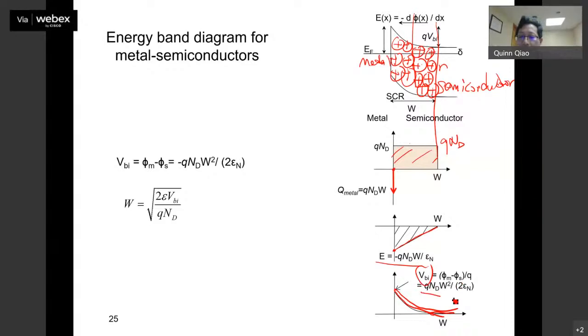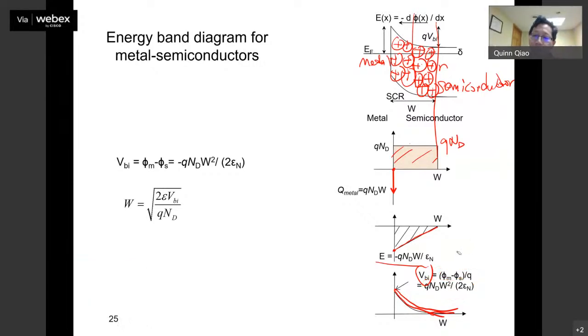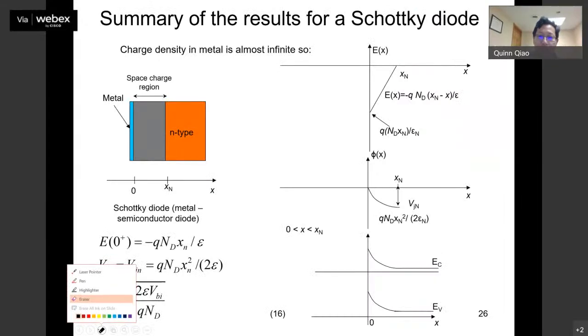VBI is basically equal to qN_D W squared over 2 epsilon_m, right? And also the VBI can be calculated from what? The phi_m minus phi_s, if you know the band structure. So, you use this one. This is something we discussed before, right?